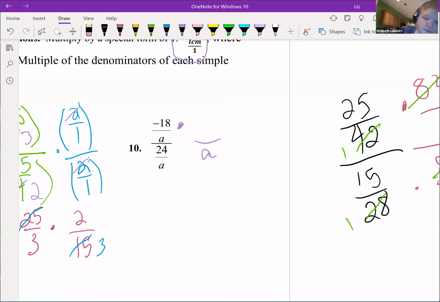That's why I'm supposed to slow down. So we are just left with negative 18 over 24. Both of those are divisible by 6, so this becomes negative 3/4.